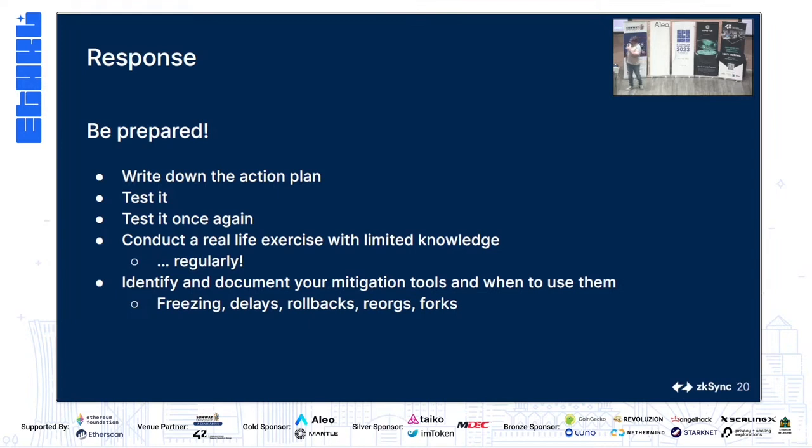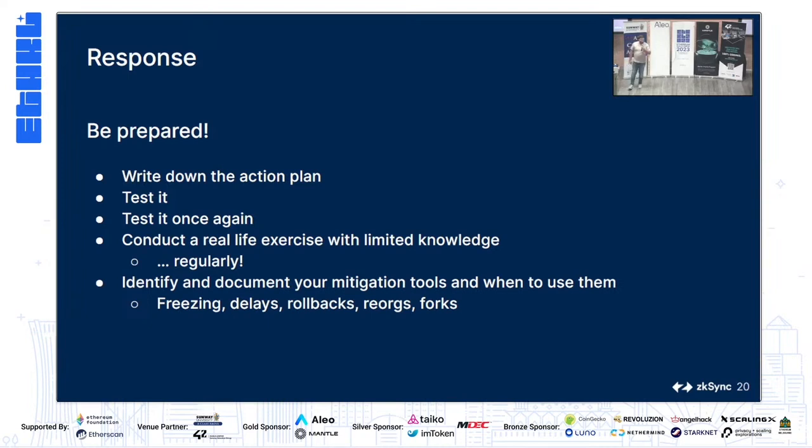And identify and document how you're going to mitigate the most significant threats. Like, what are the conditions under which you want to pause your contract, or you want to implement additional delay? Maybe you want to even automate part of that.